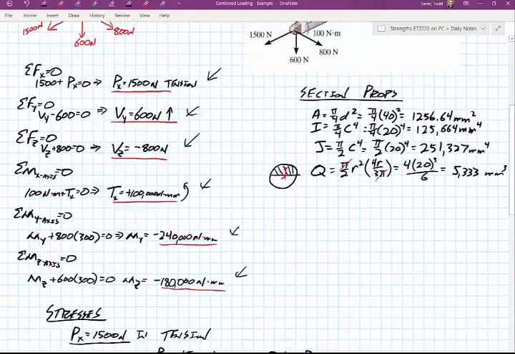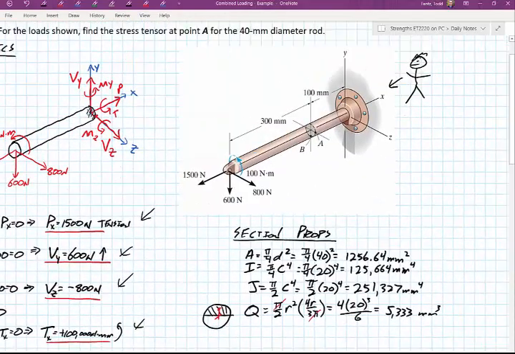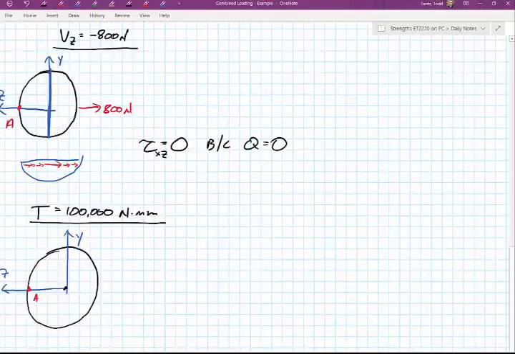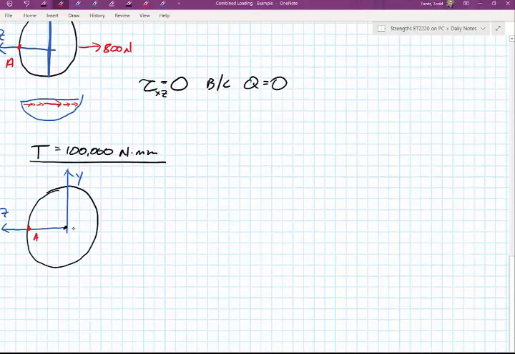So if I look at what I'm looking at now, I've been doing reactions, meaning if I'm looking this way, which I am, and I think about a reaction to that torque, it would be going counterclockwise, right? So my torque is actually going like this. And that torque has a magnitude of 100,000.